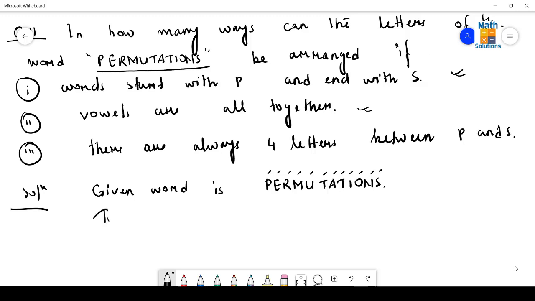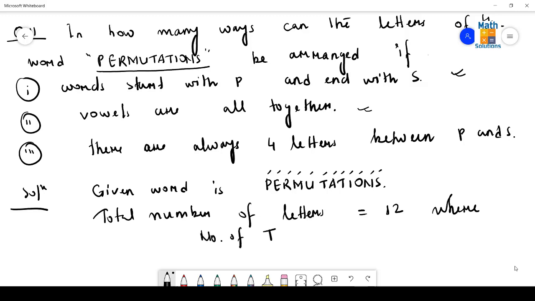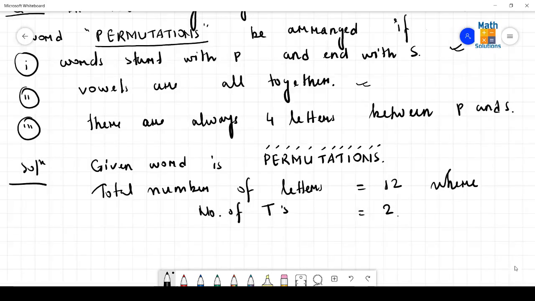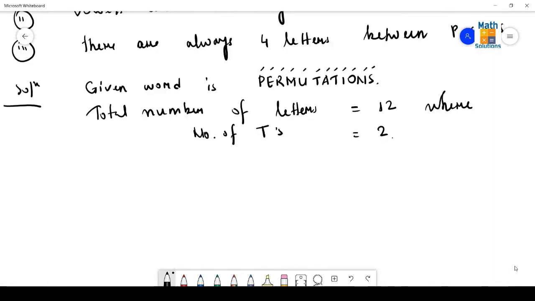So we can write total number of letters is equal to 12, where the number of capital T's is equal to, we find here there is just one repetition, and that is T. T is repeated twice. So here we can write it is 2, and the rest of the letters are occurring only once.